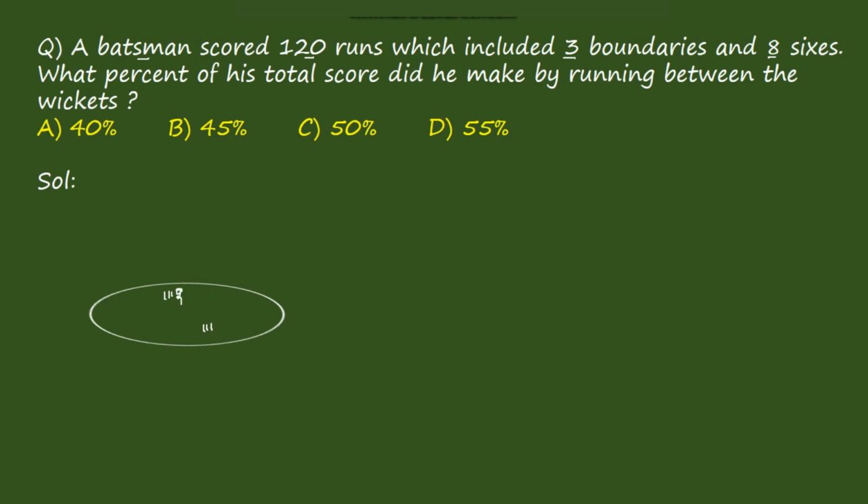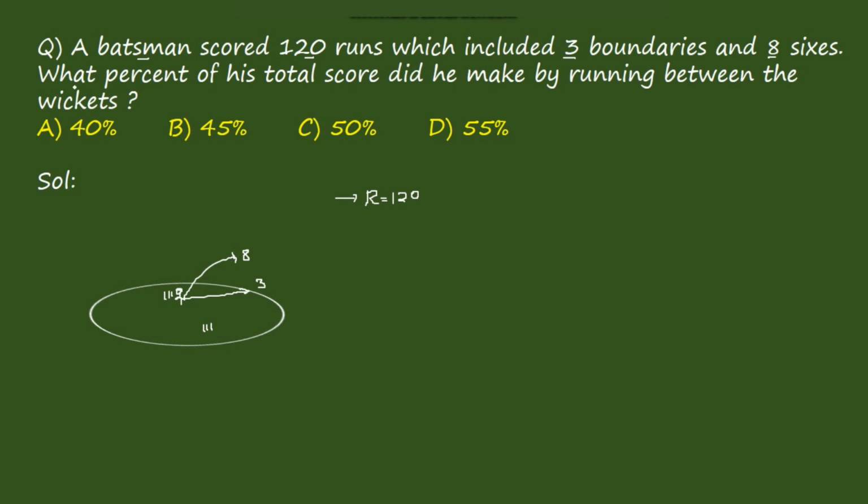The total runs by him is given as 120. Again, they are saying 3 boundaries. So directly the ball will be moving to the boundary 3 times, and 8 times sixes. The ball would be going out of the boundary 8 times.